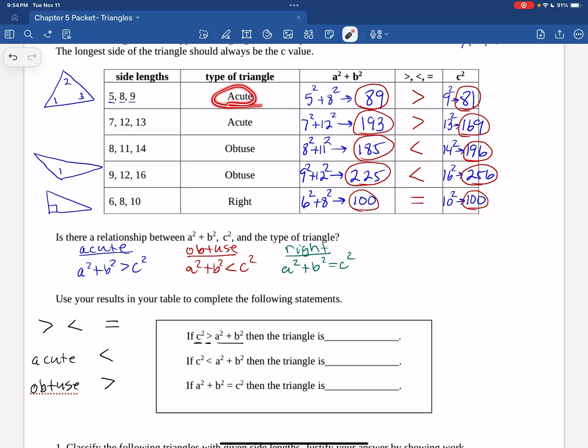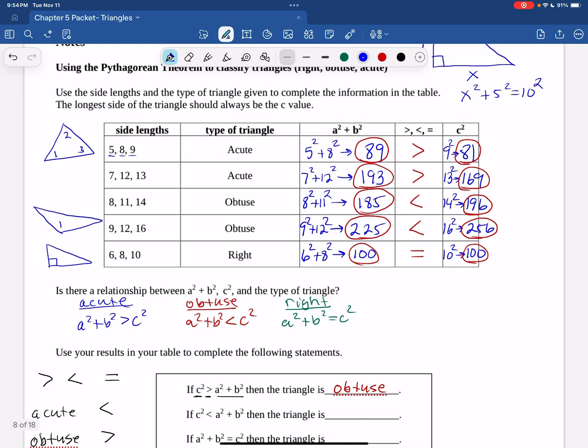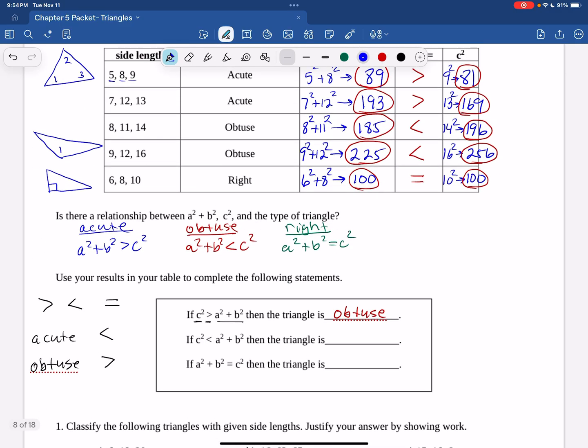So if we compare c squared to a squared plus b squared, if c squared is greater, then that's going to be an obtuse triangle. And when c squared is less, that's going to be an acute triangle.